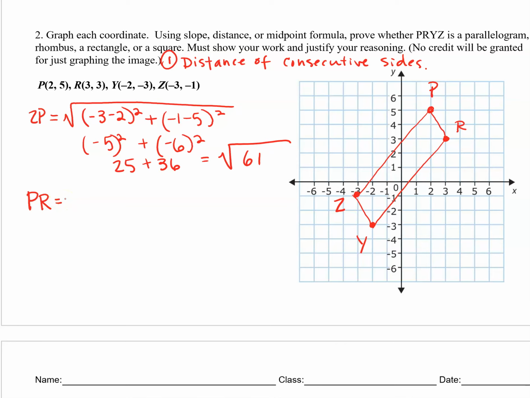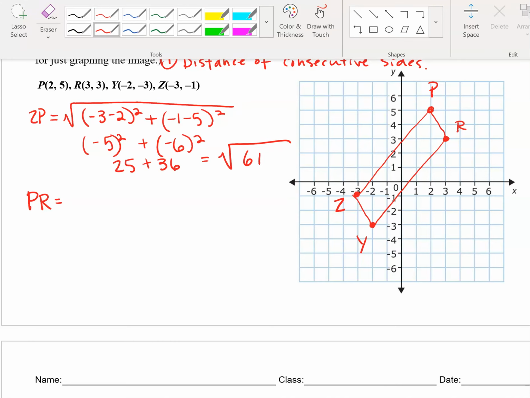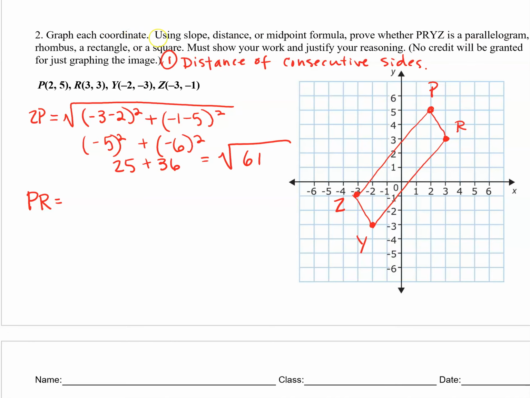All right, so now I need to find the distance of PR. Well, the distance formula, if you remember, is simply a version of the Pythagorean theorem. So let's take a look at this real quick. The distance from P to R, if I go down 2 and over 1, makes a little right triangle. Let's make this bigger.